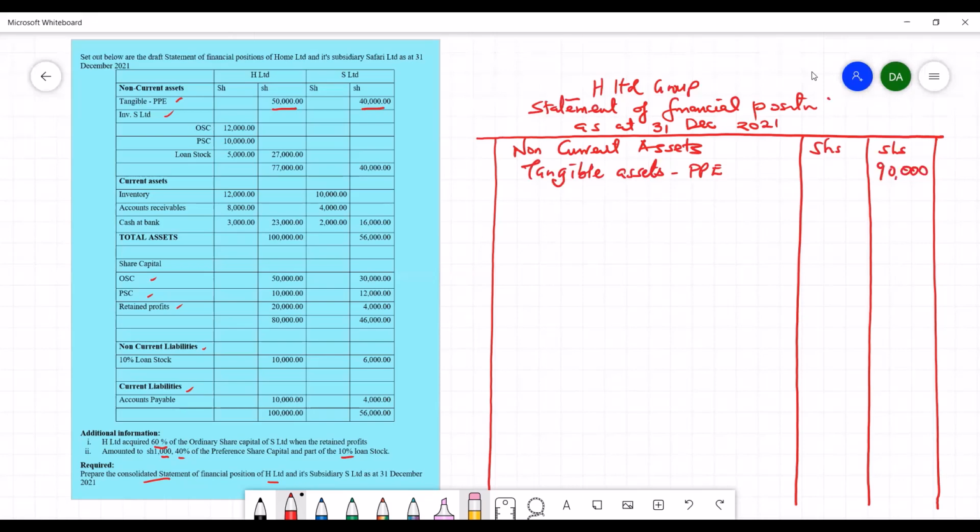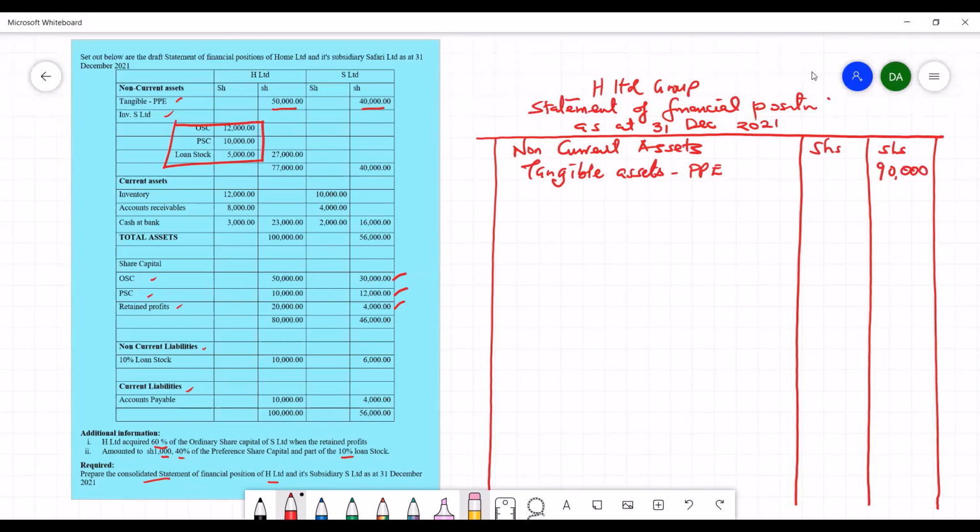So the investment done by Home Limited in S Limited is going to cancel with the items of ordinary share capital, preferred share capital, and the retained profit that was acquired. So we are not going to present it in the consolidated statement of financial position.